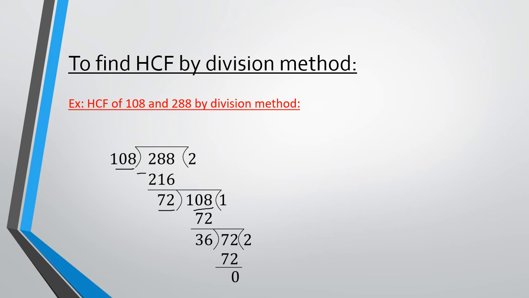After this step I am getting 36 as my remainder. In the previous step 72 was my divisor, so in this step it becomes my dividend and the remainder becomes my divisor. Now 36 2s are 72, so finally I am getting my remainder 0.